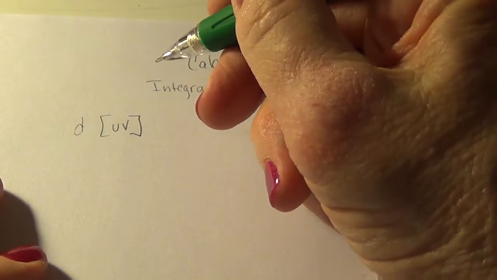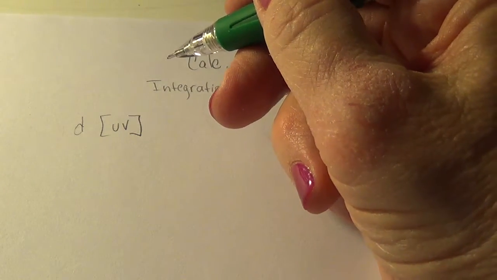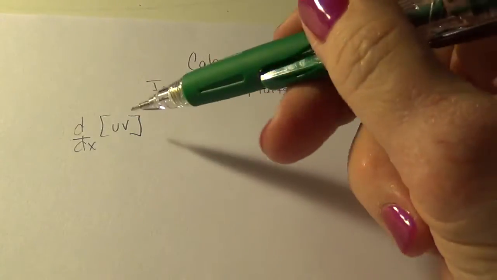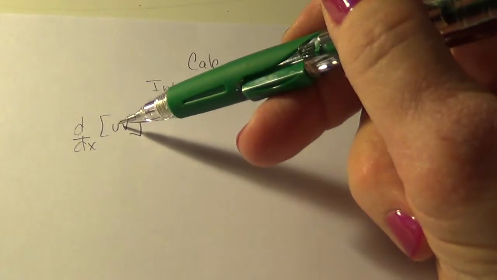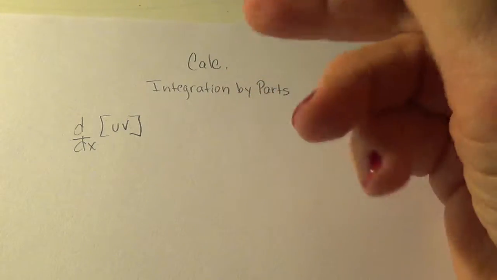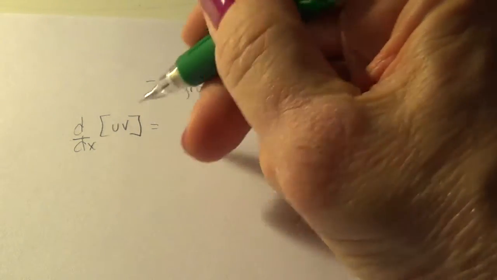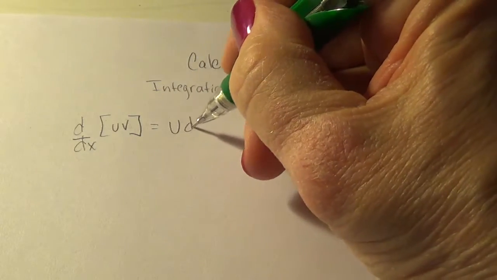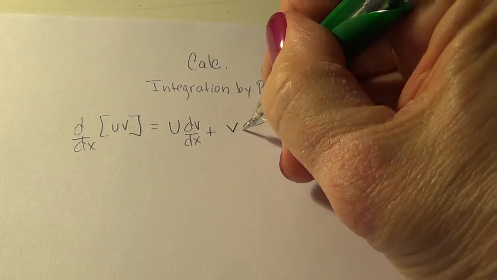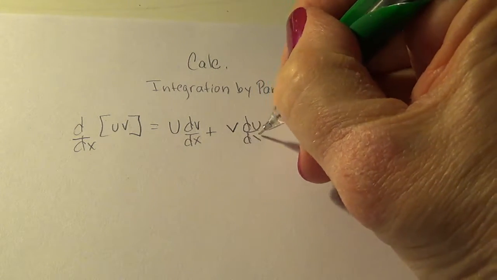Alright, so I'm going to start developing this by reminding you that the derivative of a product, d dx of a product, u times v, equals the first times the derivative of the second plus the second times the derivative of the first.